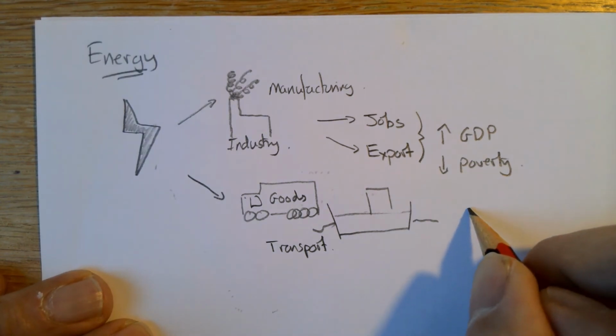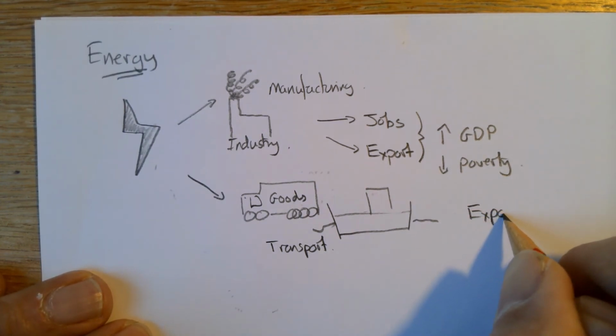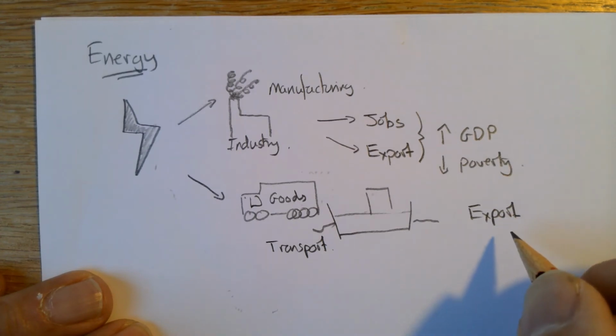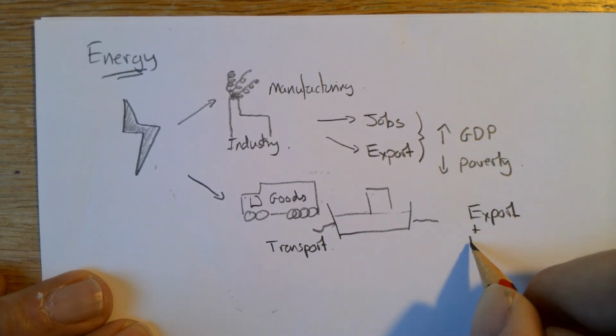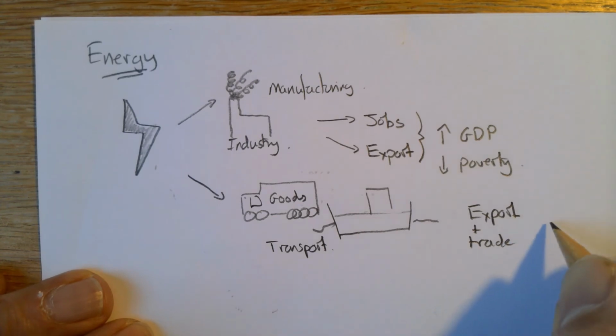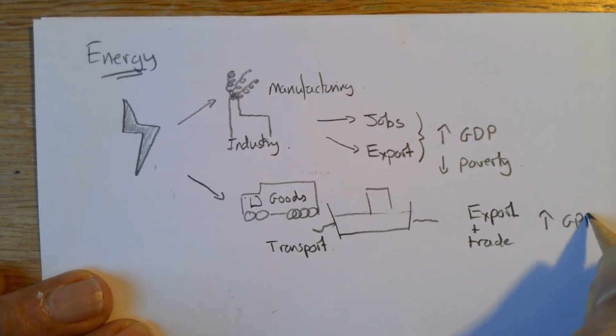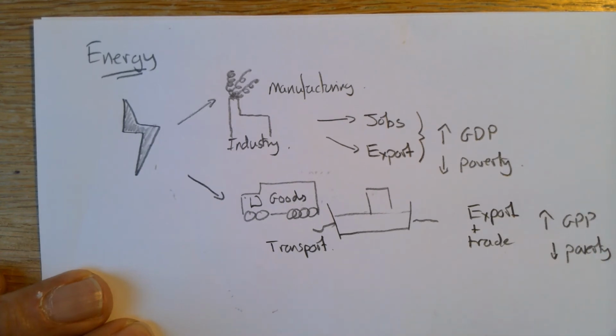This again allows export and trade, and that again increases GDP and reduces poverty. You see, certain themes get repeated quite a lot.